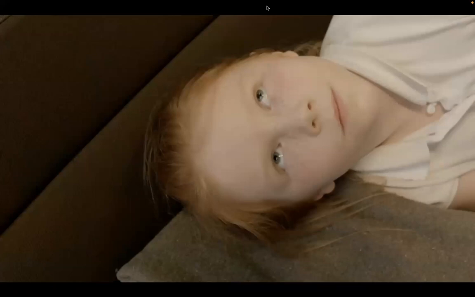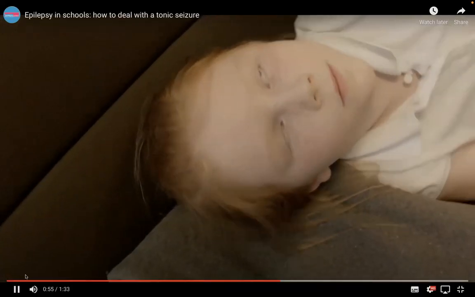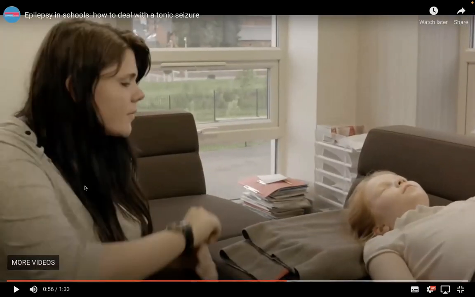Okay, we can start now. Okay. I saw two ladies and one girl in one room. Most probably this is an office setting. The girl is wearing a uniform. Then suddenly I noticed sudden onset of upward rolling of the eyes and tonic contraction of the whole body, mostly involving the upper limbs and the lower limbs.